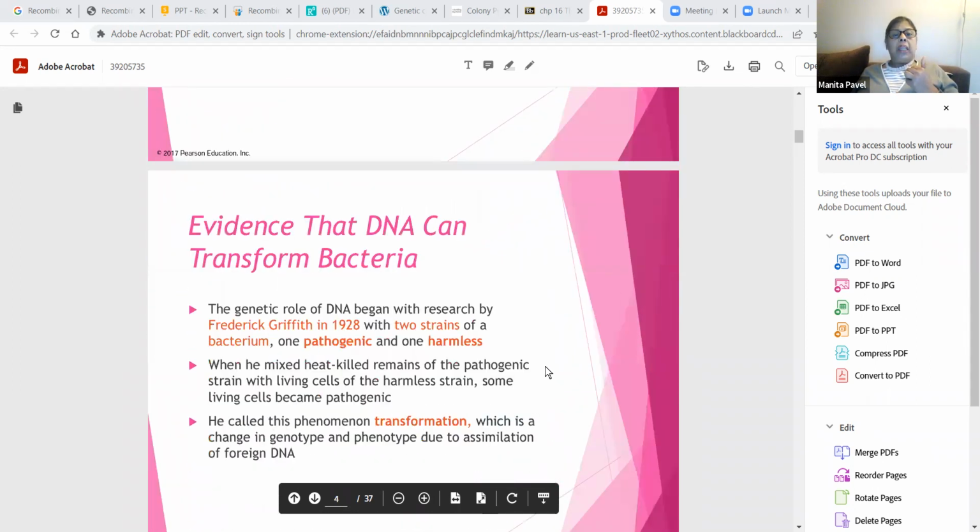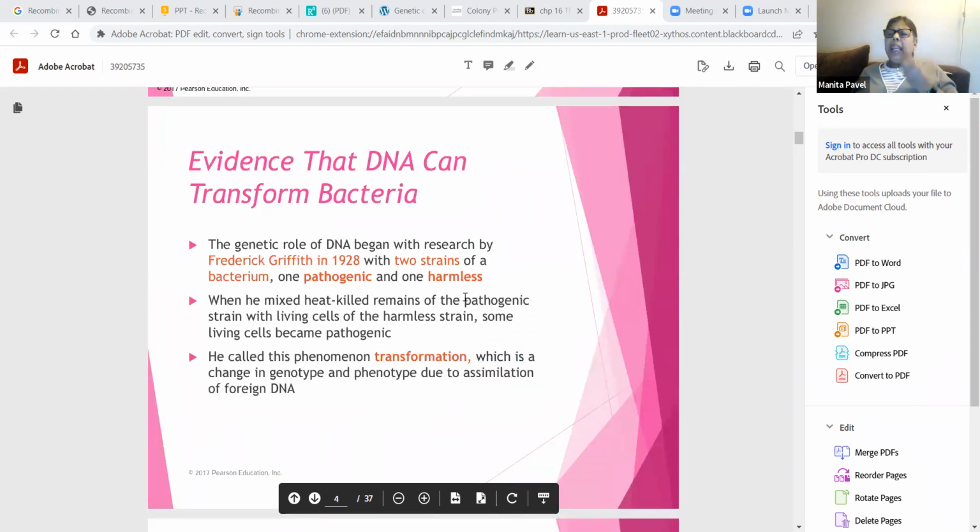So coming back here now, we see that Thomas Hunt Morgan carried out experiments, and then later it was Frederick Griffith in the year 1928 who worked with two strains of a bacterium. One was called the pathogenic strain, pathogenic meaning the one that causes the disease or infection, and one was the non-pathogenic strain, which was the harmless strain.